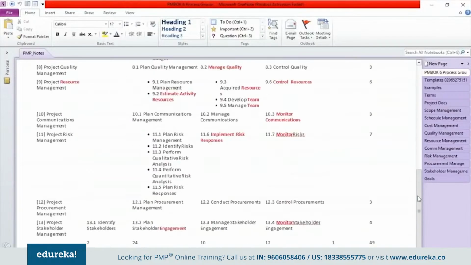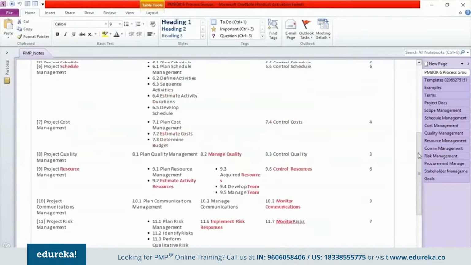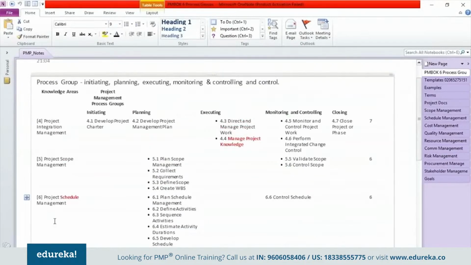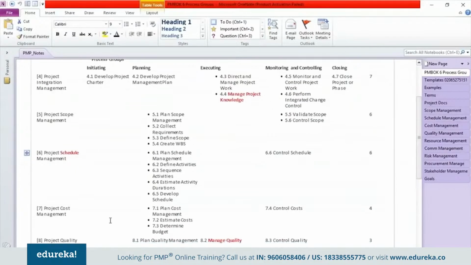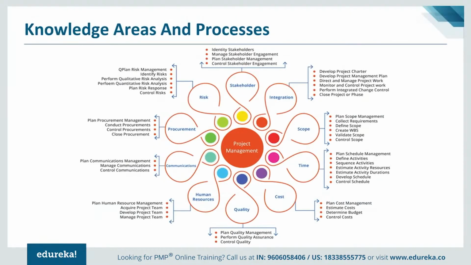This is where all of the process groups and the processes will come into the picture. So there are a total of 49 of them, as I mentioned, and there are 10 knowledge areas, and these are the process groups. And you'll find for each of these process groups and knowledge areas, there are various processes which cut across multiple knowledge areas from each of these process groups.